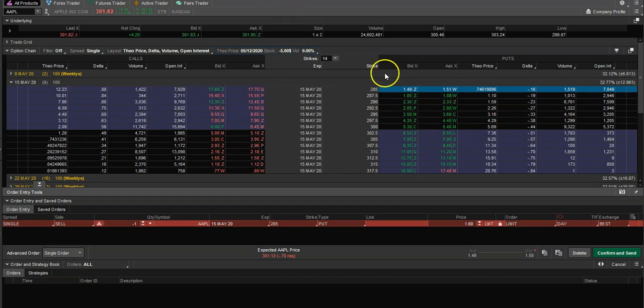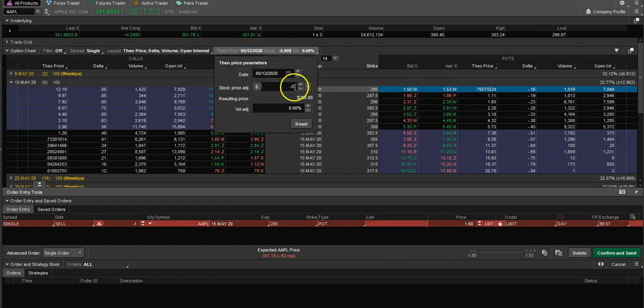Now, let's look at the same scenario. If we sold the puts right now for $1.50, and the stock drops $5, remember, if we're selling a put, we're bullish on the stock. We want it to go up, but we could still be dead wrong and still make money. Well, look at this.